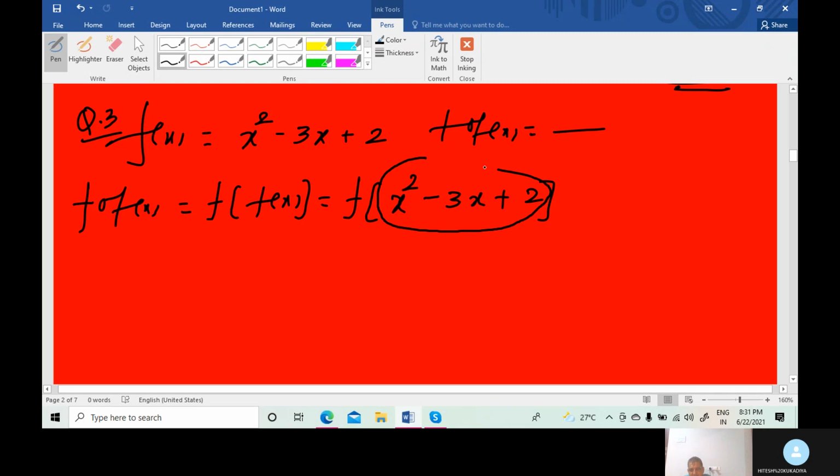This one is x. Now place here: for the function f(x) is x square minus 3x plus 2. Now place the value of x here. x square minus 3x plus 2, x square minus 3x plus 2.